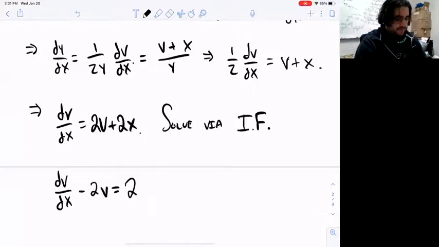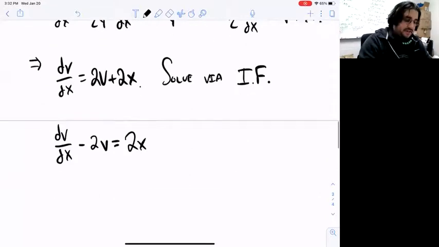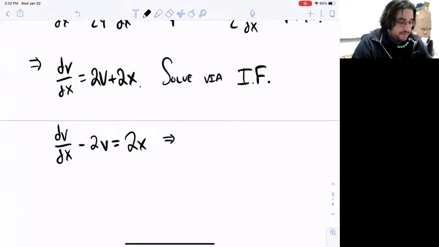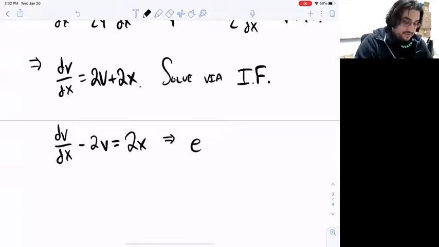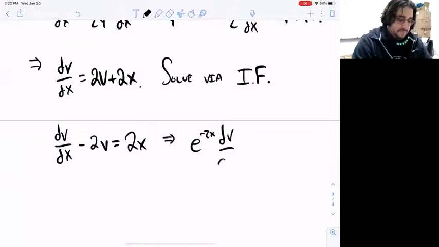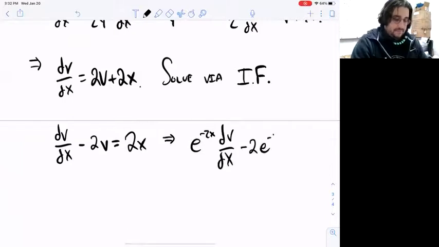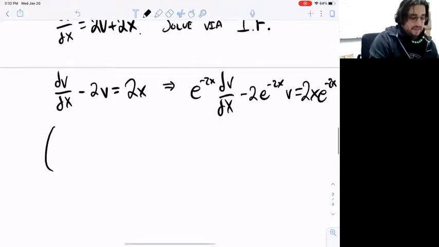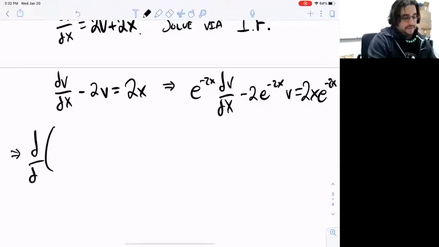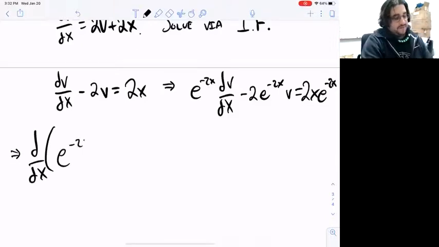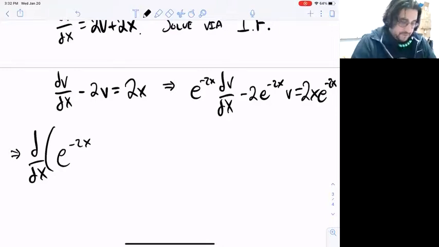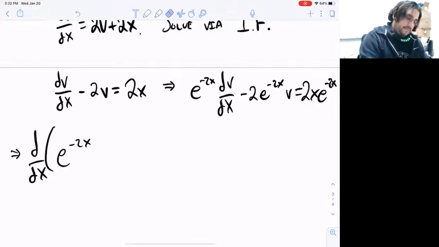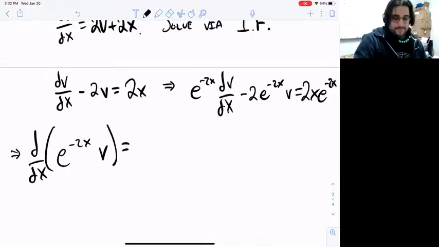We subtract the 2v, right? Subtract that, and then multiply both sides by e to the minus 2x. Right, then you can collapse the left-hand side with the product rule and say this is just the derivative of e to the minus 2x times v. The unknown.